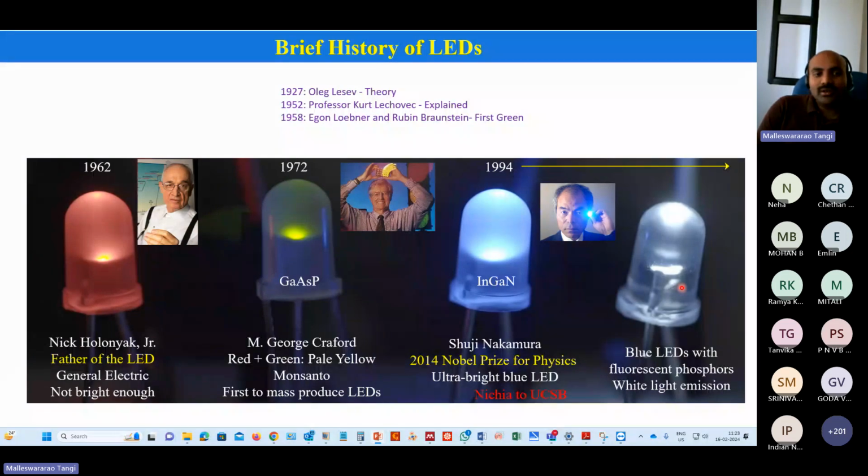But afterwards, in order to get white light, we have to mix green, red, and blue. But getting blue at the time was very difficult because there was no good material system. However, people found gallium nitride is a good material. It is difficult to grow; there are some hurdles to prepare high quality gallium nitride material. Then after nearly 20 years, Shuji Nakamura realized that gallium nitride can be grown by a two-flow CVD method, and he could achieve very high quality crystals.